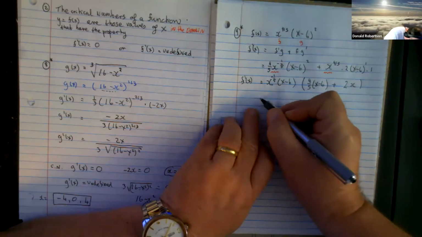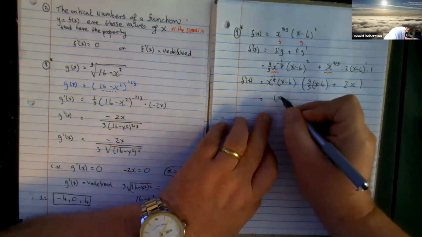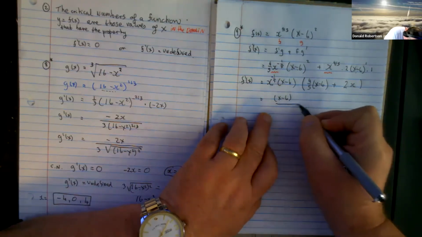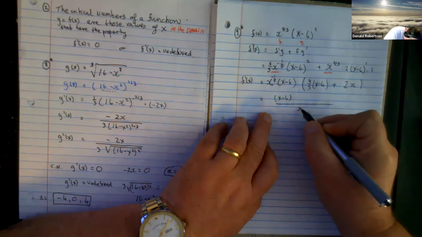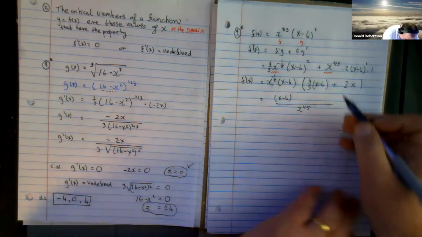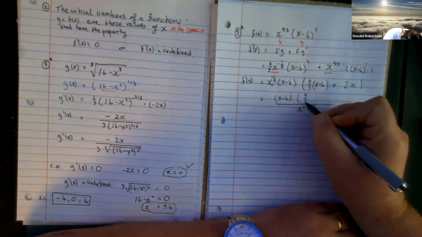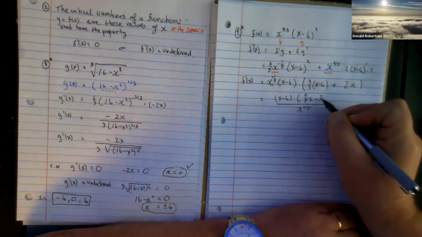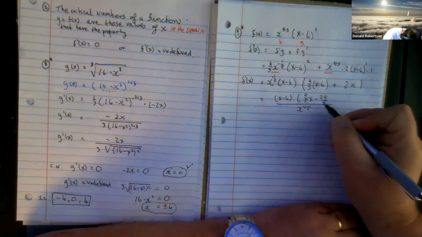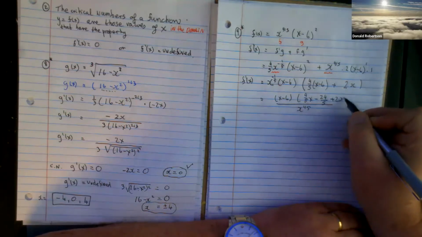So let's make it look a little bit prettier. We have an x minus 6 here. This guy can go downstairs. If I multiply that out, I get 4/5 x, take away 24/5 plus 2x.